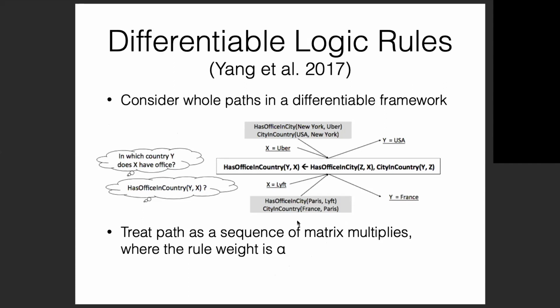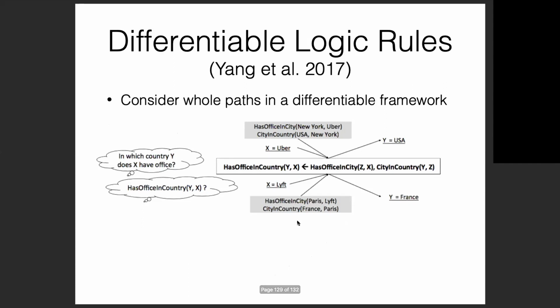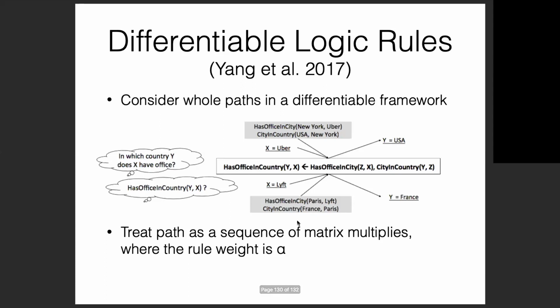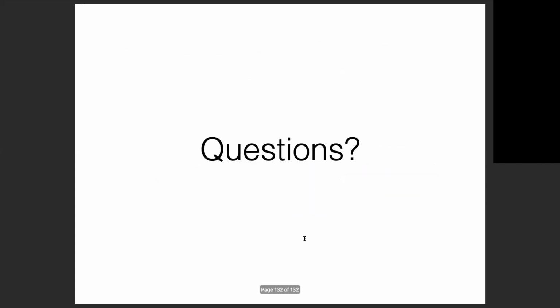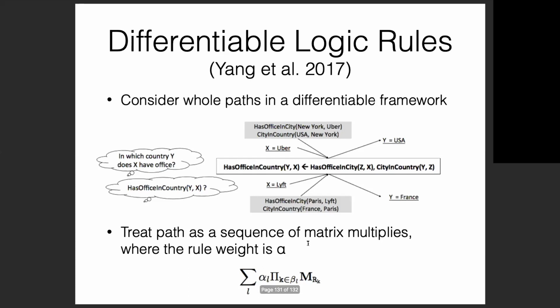And in order to come up with this, they basically treat the path as a sequence of matrix multiplies, where we have this matrix M here. So we multiply this matrix M into some sort of embedding that we have to represent the original entity. And we then will follow a path, much like I talked about previously.